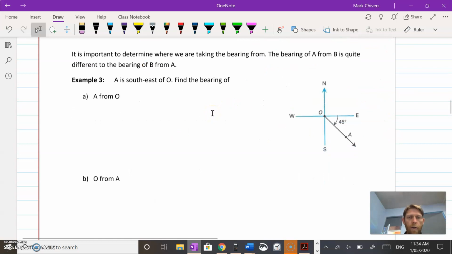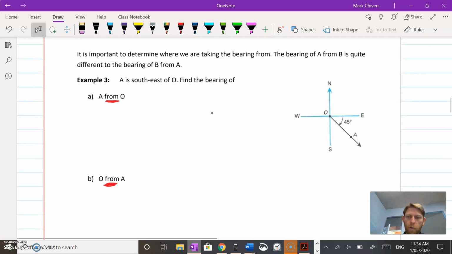Okay, moving right along. It's important to understand that bearings are taken from somewhere, so really pay attention to the froms and tos. There's a difference between the bearing of A from O and O from A. They're going to be different. In the first example, A from O, it just says find the bearing, so we'll assume a true bearing.